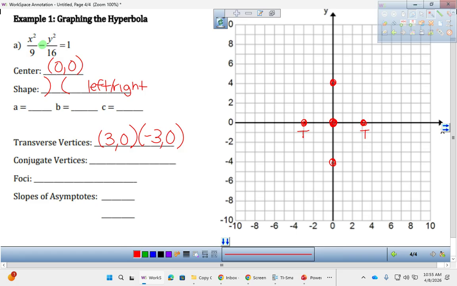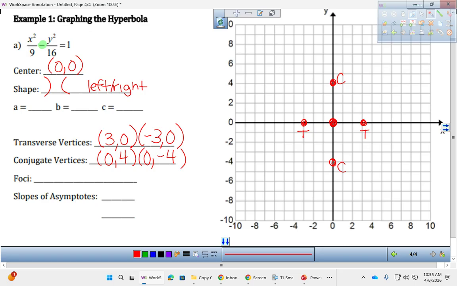Conjugate's what comes second. It's what's left over. So I plotted 2 other points. These are the conjugate points. It does not matter what order you put them in. The way that I got those points is the same way I would get them for an ellipse. Are we okay so far?